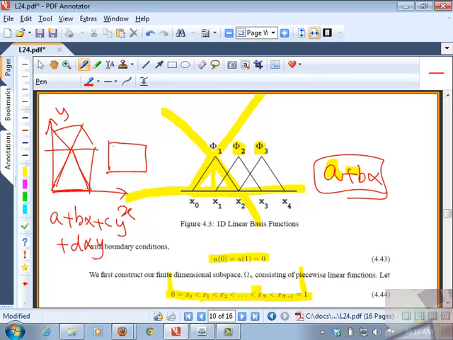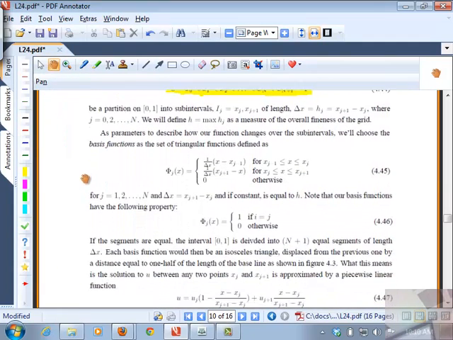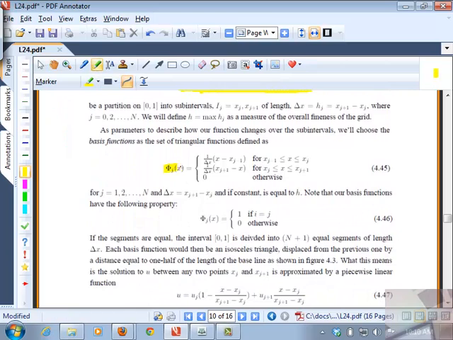Let's see the consequence of proposing a basis function like that. This is the actual definition for that phi j. The phi j's are my basis functions. I'm going to define n of them, phi 1, phi 2, phi 3, etc. And they're going to have this definition: 1 over delta x multiplied by x minus x(j-1), if x lies between j minus 1 and j.